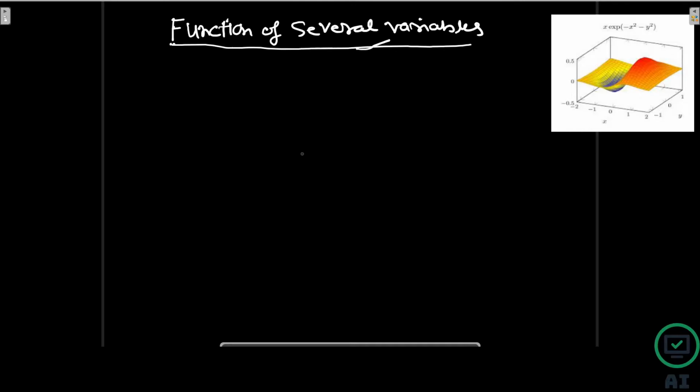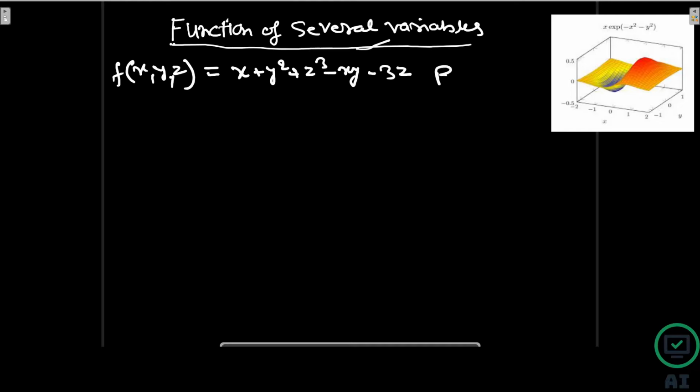What I mean by a function of several variables is, let's say this is a function of three variables f(x, y, z), which is nothing but x plus y square plus z cube minus xy minus 3z, and the domain here happens to be the set of real numbers, which is R cube. So for any given tuple x, y and z, you will have a function value f(x, y, z).